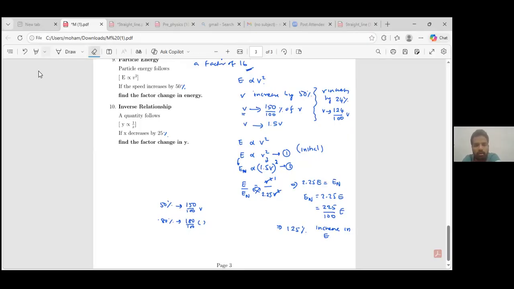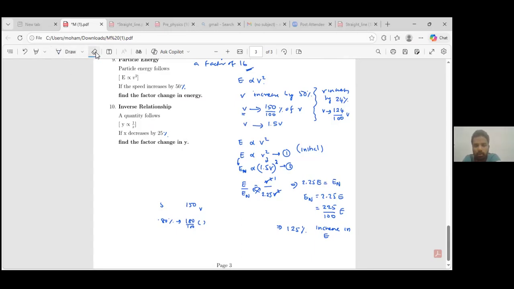Okay. So they are saying if x decreases by 25%, find the factor change. Question number 10. A quantity follows y is proportional to 1 over x. And in this case, if x decreases by 25%, find the factor change in y.